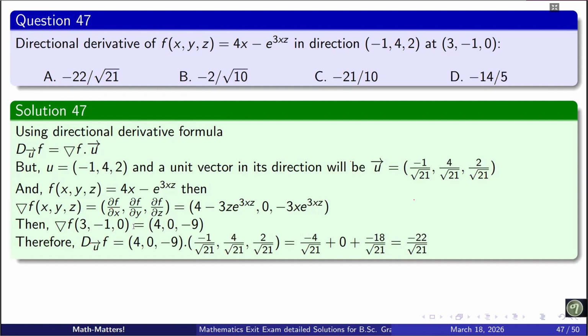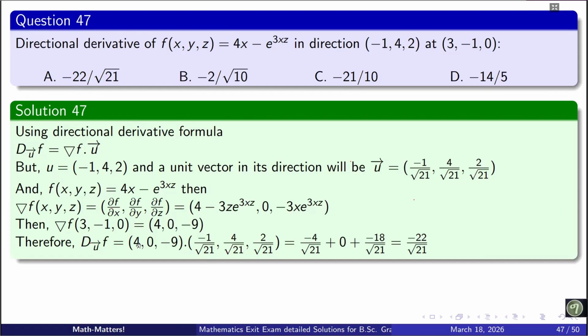Therefore, the directional derivative of f in the direction of the unit vector u is the gradient of the given function at the indicated point, (4, 0, -9), dotted with the unit vector of the direction, which is equal to minus 4 over the square root of 21 plus 0 plus minus 18 over 21.